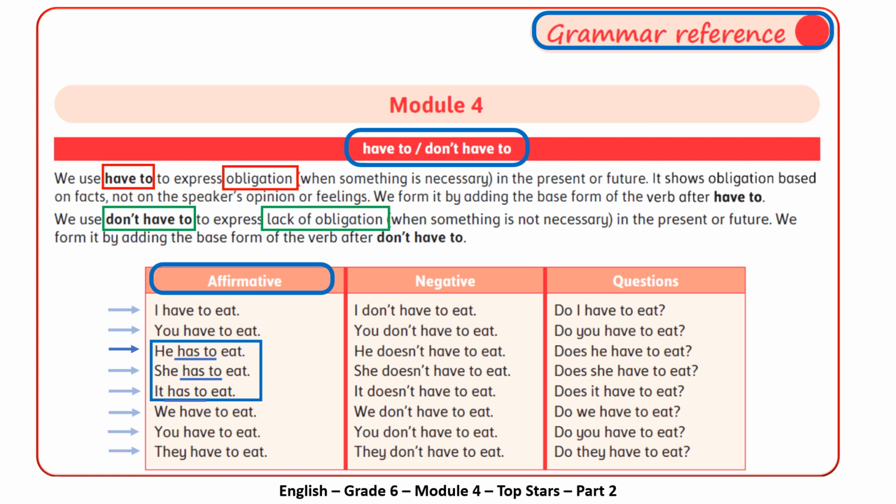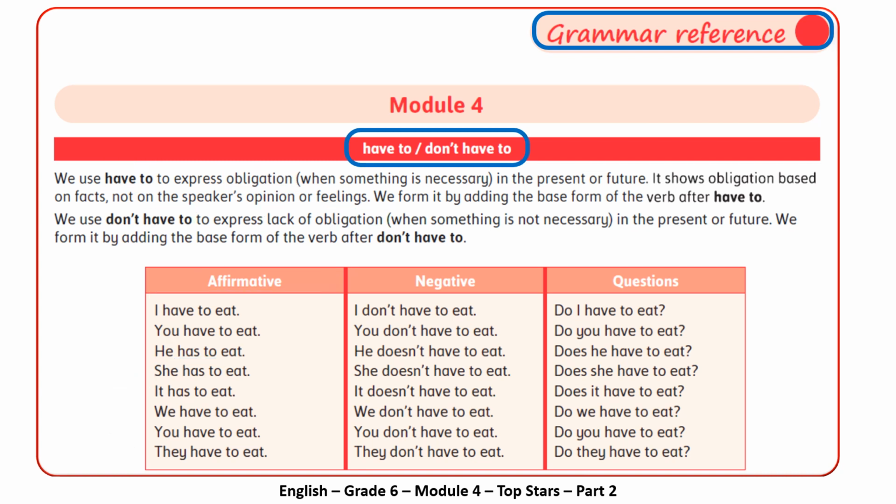And now it's time to move to the negative form. Let's read these sentences of the negative together and start with the first one. I don't have to eat. You don't have to eat. He doesn't have to eat. She doesn't have to eat.